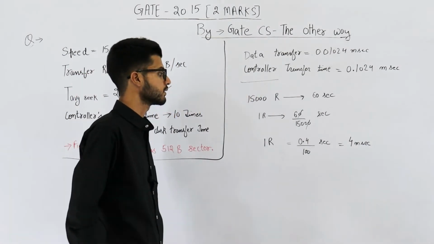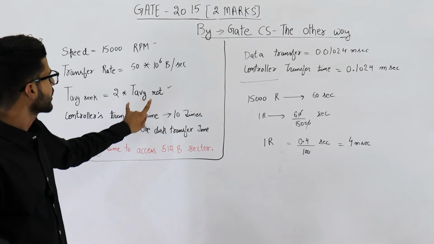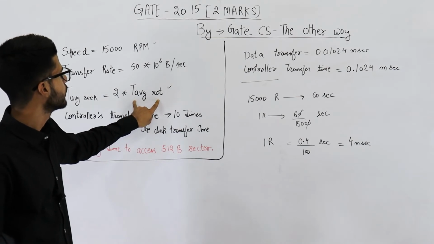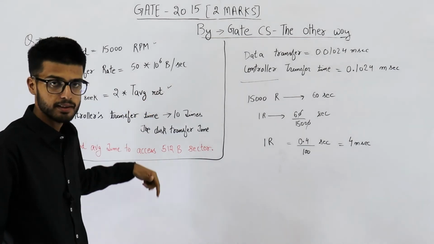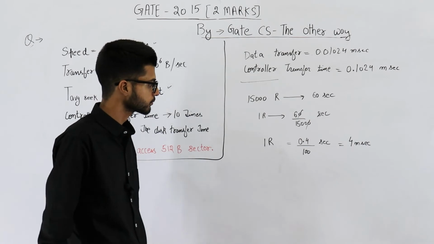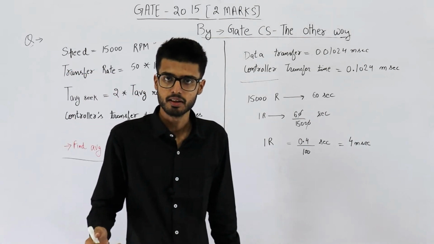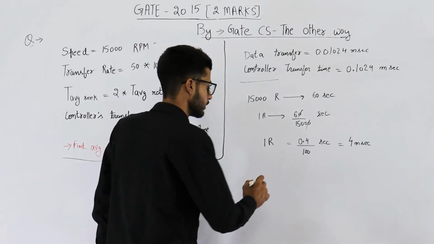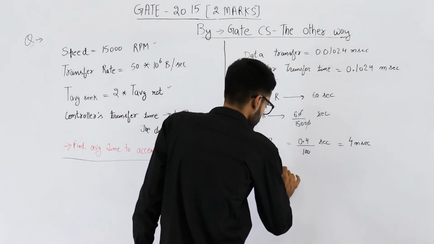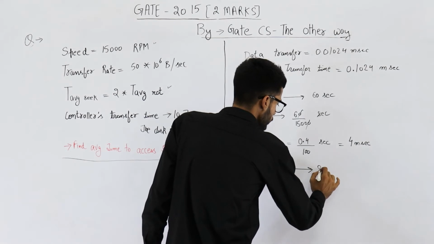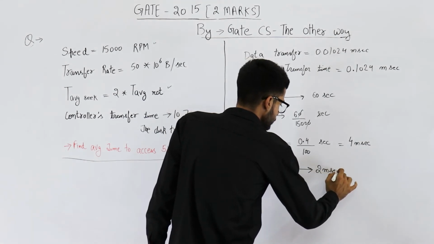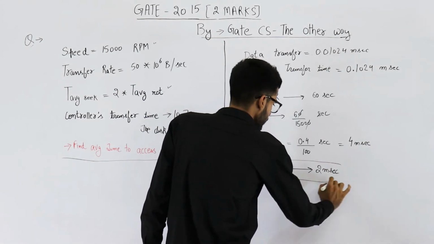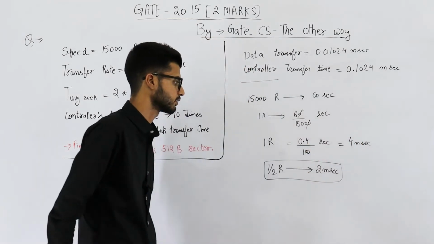Now what will be the average rotational delay? Okay, so now we are required to find out the average rotational delay. The average rotational delay is the delay required for half rotation. So half rotation will require 2 milliseconds, because a full rotation needs 4 milliseconds.